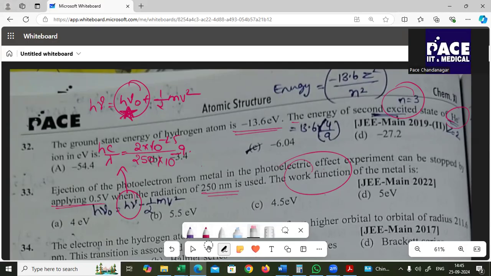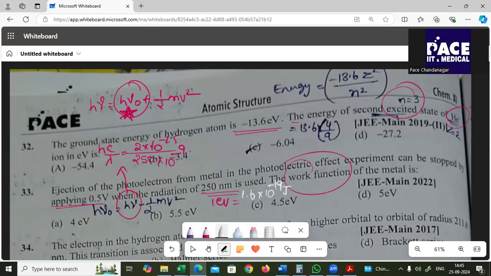Whatever you are getting here, you have to convert it into electron volts. This is the joules that you get. One electron volt is 1.6 into 10 to the power minus 19 joules.